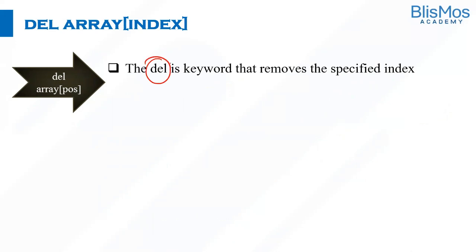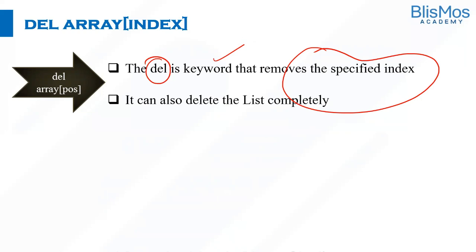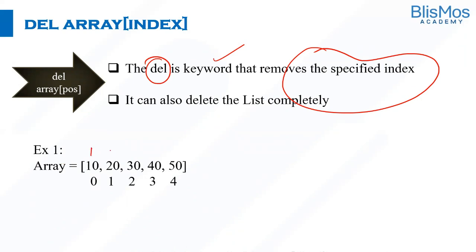We have the del keyword, which removes the specified index. Remove removes the element, but in del, we have to specify the index of the element which we have to remove. It can also delete the list completely. If you want to wipe out the whole array, you can use del. See here, we have an array with 5 elements: 10, 20, 30, 40, and 50.